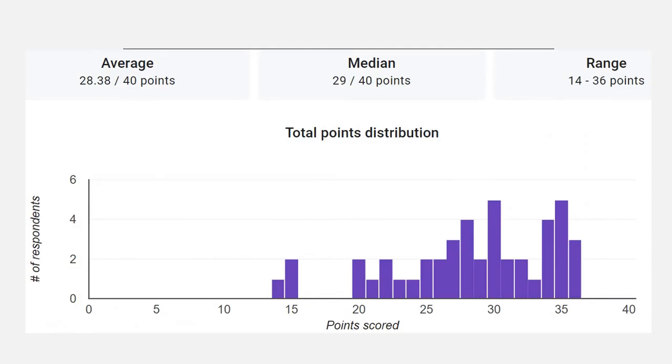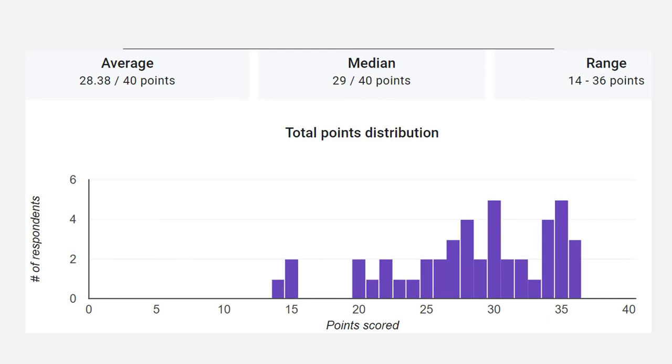So let's start here. We have the median here, it's 29, and the average, the mean, is 28.38. So the median is greater than the mean. But let us look at the mode. Here we have two modes, 30 and 35.